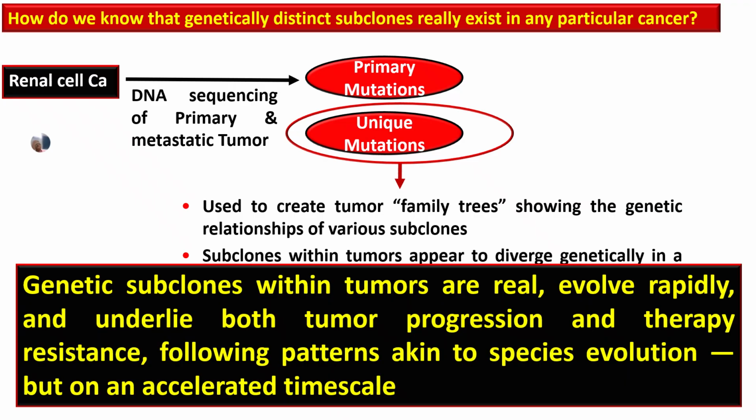So the genetic subclones within the tumor are real, they evolve rapidly and underlie both tumor progression and therapy resistance, following a pattern akin to species evolution but on an accelerated time scale.